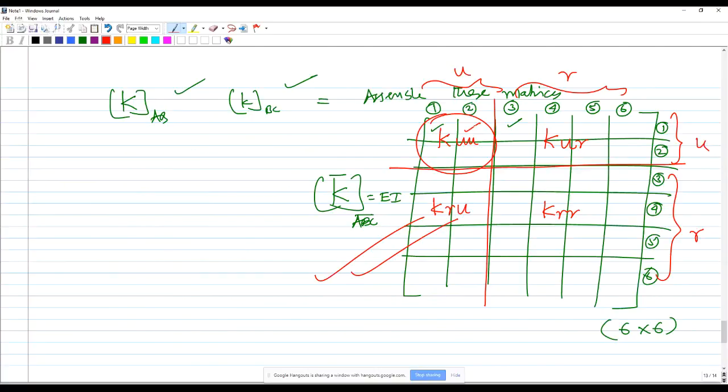So KUU, KUR, similarly KRU and KRR. So the program will pick out this value, KUU, and then find the inverse of this matrix using MATLAB. Okay, friends? So the inverse is done. That's step number 2. In step number 3, we want to find the joint load vector.